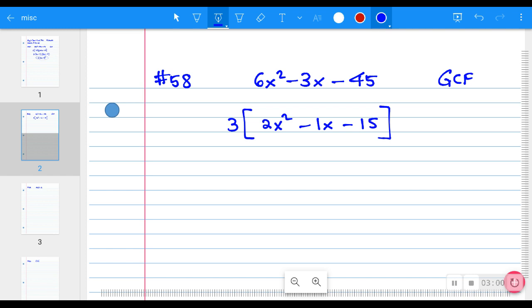Okay, this one doesn't have perfect squares on the ends. For instance, 15 is not a perfect square, neither is 2. So we're not going to do the same thing we did on the last problem. What you're going to do here is label the first and the last and multiply them.